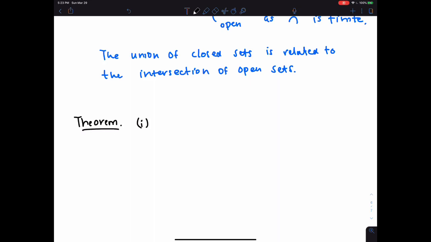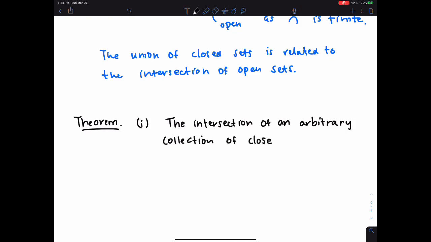So we said that the intersection of an arbitrary collection of closed sets is closed.